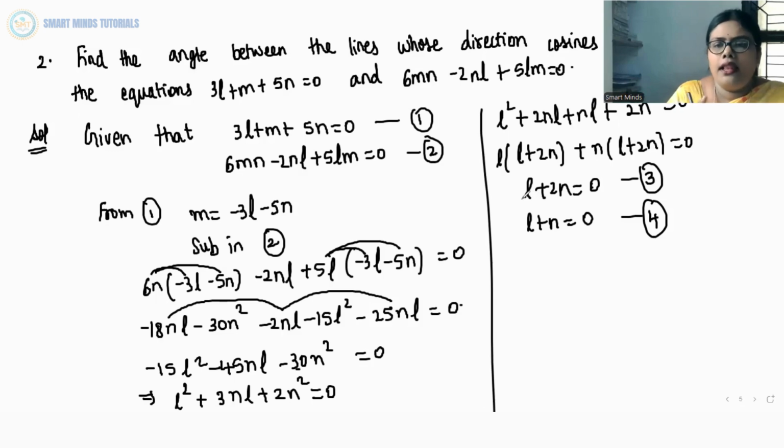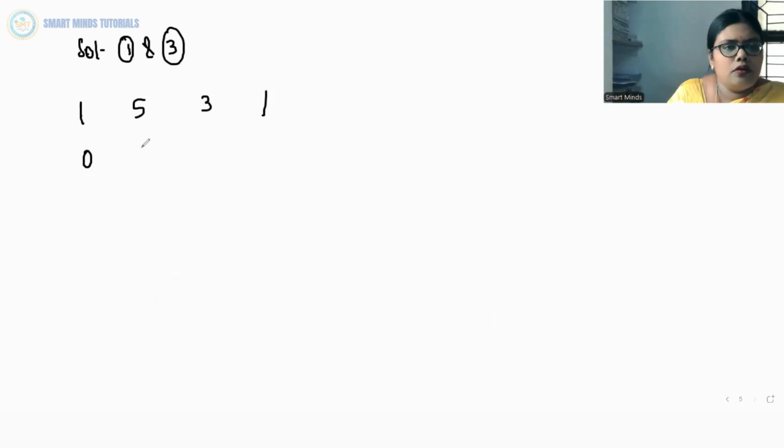We have L, M, N in order. We have to start from M, but there is no M term here, so in place of M we will take 0. So 0, 2, 1, 0. Understood? 0, 2, 1, 0.